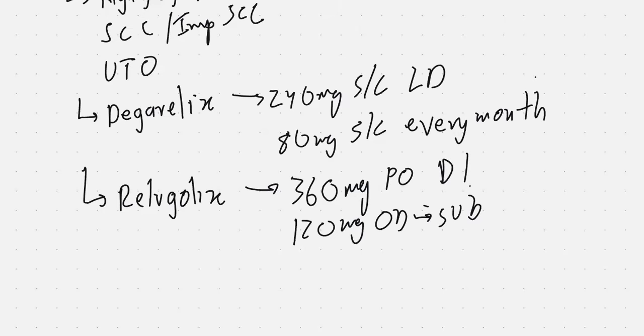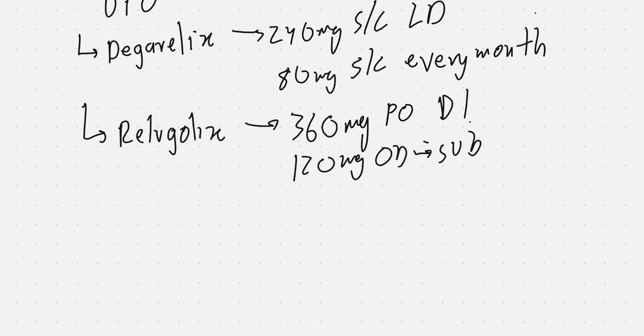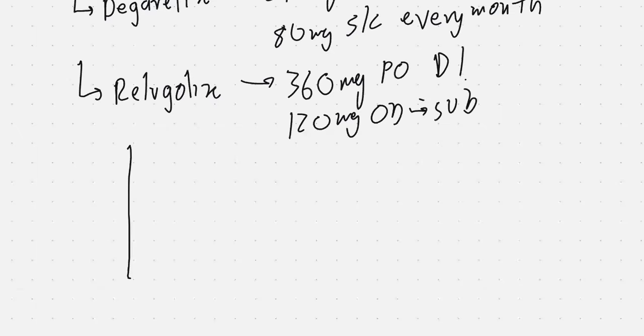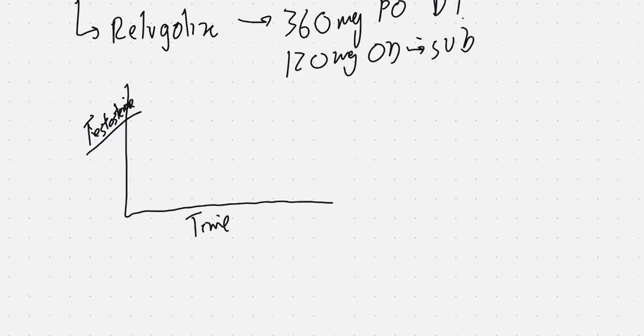So, just to summarize antagonists versus agonists, you can see here if you look at the testosterone level and if you look at the time, so when you use an antagonist, right, there is direct suppression. So within 24 to 48 hours, the testosterone levels reach the nadir. Okay.